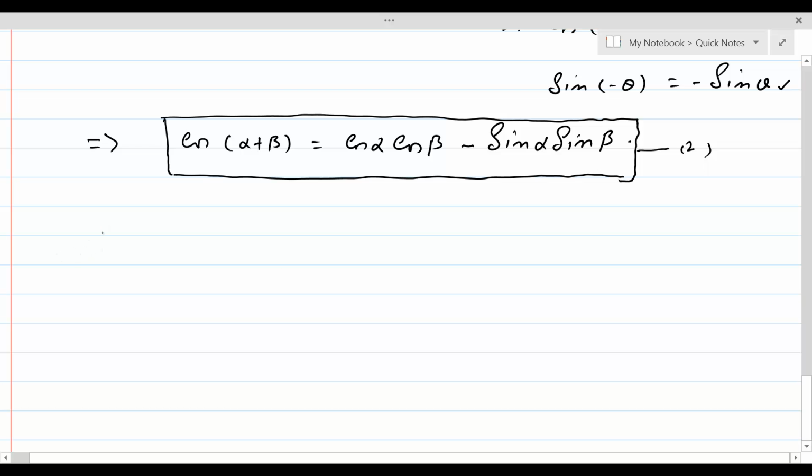Now, for alpha, put pi by 2 plus alpha. So alpha and beta are representative angles. They could be any angle.